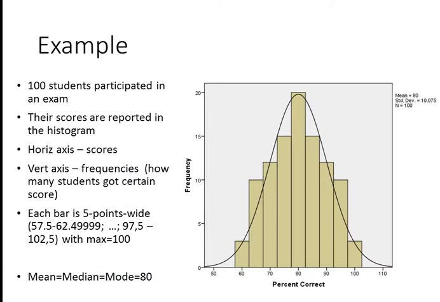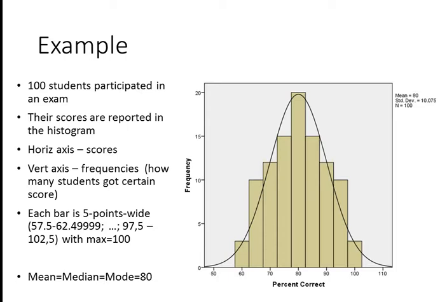So we have some data about the exam results for 100 students, and we built a histogram for this data. On the horizontal axis you can see scores in percentage. On the vertical axis are frequencies.